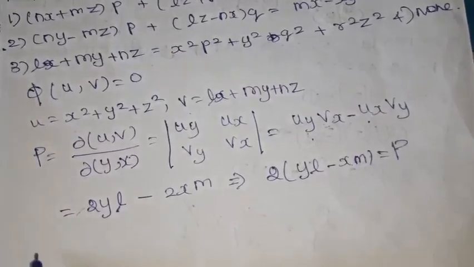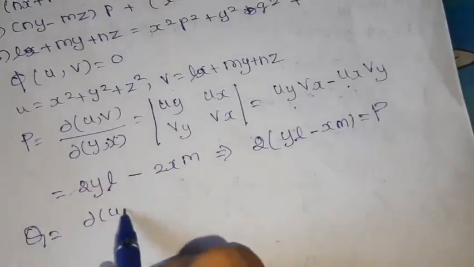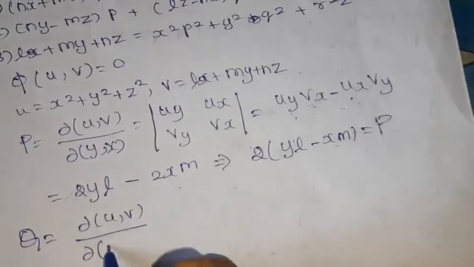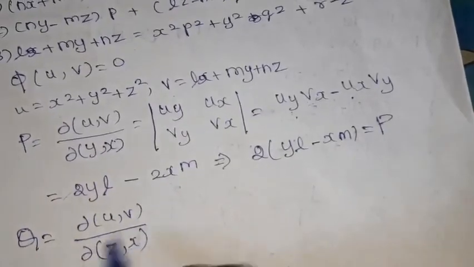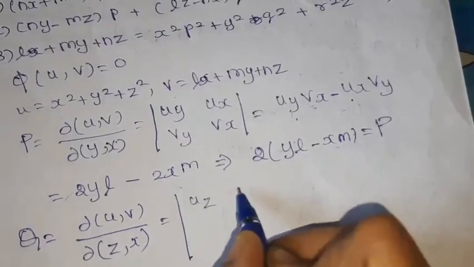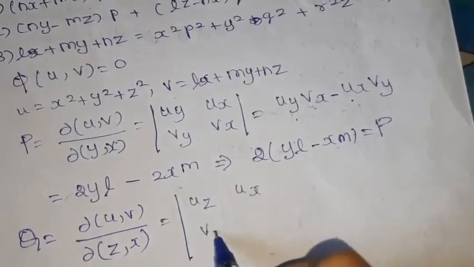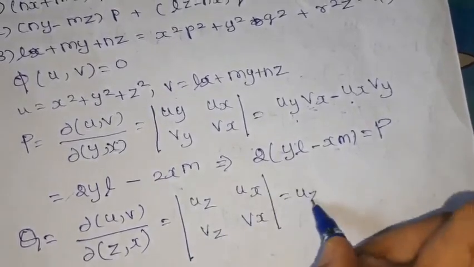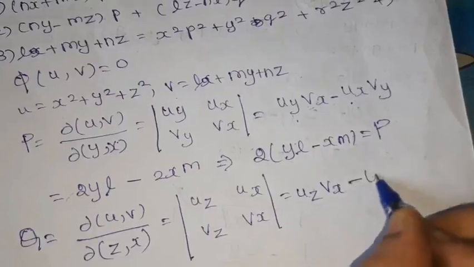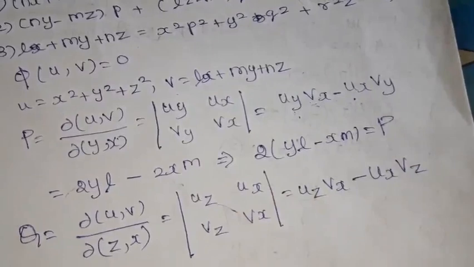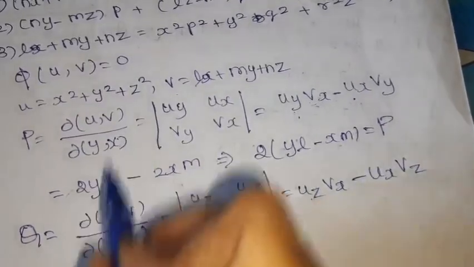Then what is q? Dou u, dou v divided by dou z comma dou x. In short, we can write it as uz ux, vz vx, right? Cross multiply: uz vx minus ux vz. First we need to find out the uz. uz is nothing but 2z.